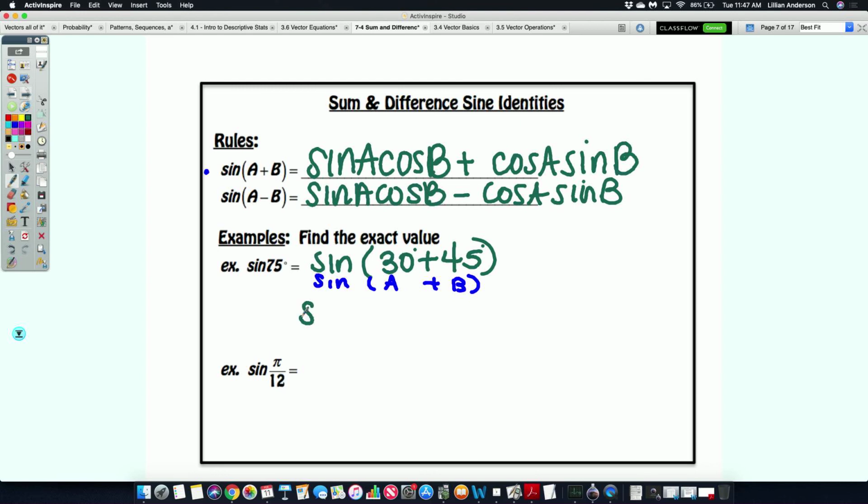So this is going to be sine of 30 degrees times the cosine of 45 degrees plus the cosine of 45 degrees times the sine of 30 degrees. Oh, sorry, these are backwards. My mistake. Thank you for the catch. Sorry, cosine 30, sine 45.